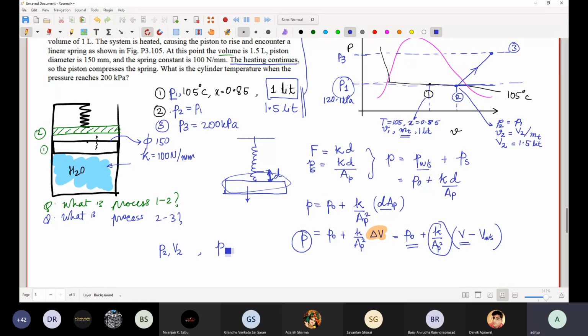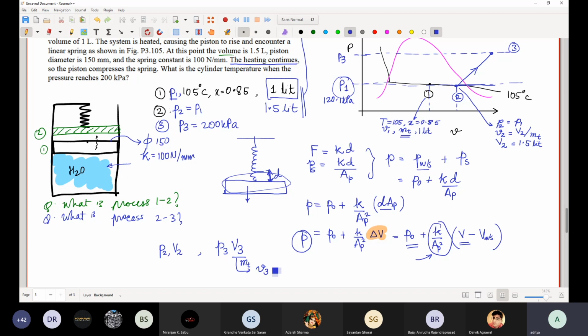We know what the final pressure is going to be. And because we know how to evaluate the slope, we can easily determine what the total volume at point 3 will be. And because we know the total mass of the system, meaning the total amount of steam in the system, is also fixed, we will easily be able to figure out what the specific volume at point 3 will be.